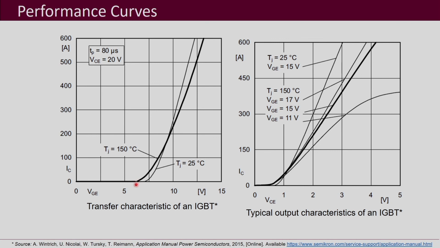That means this is the threshold voltage, and after that the collector current starts to increase beyond this gate emitter voltage. Then further it increases a lot. The slope of this line is your forward transconductance GFE, and this curve can be different based on the temperature, it may vary this transfer characteristics.